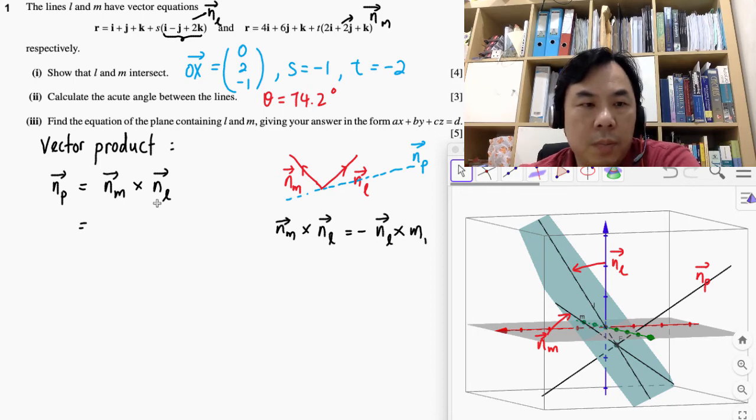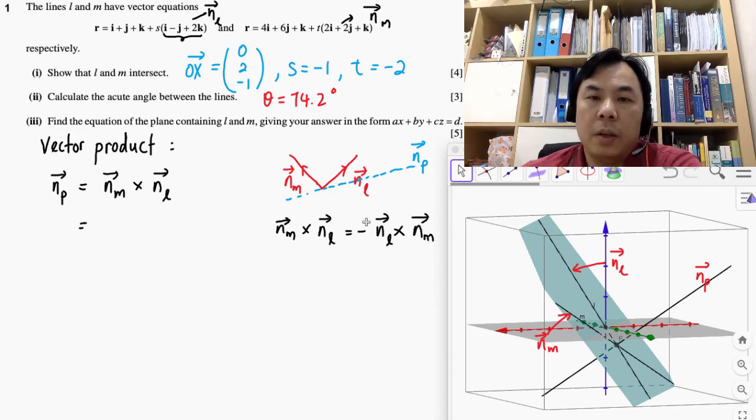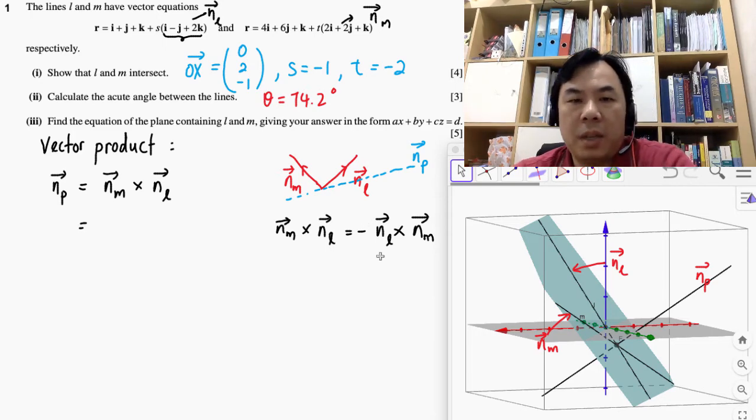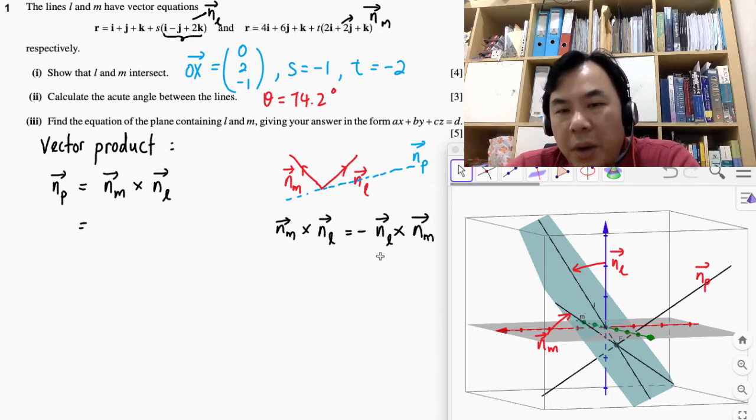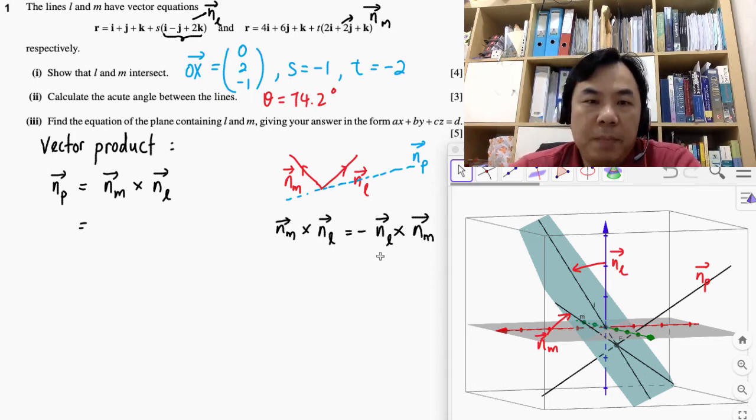Oops, sorry, that is a cross product with the other one, which is NM here. Now it's in the negative direction. If you're interested to determine the direction of this normal vector, you can apply your right hand grip rule.